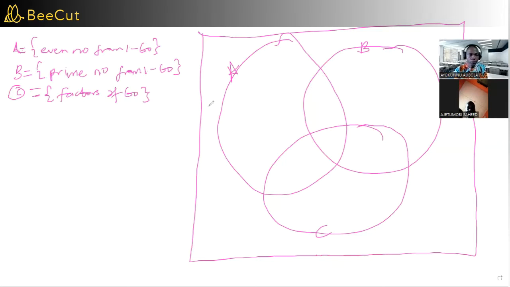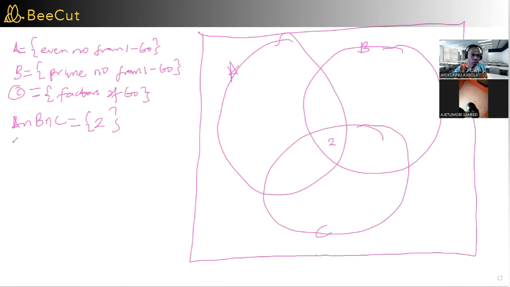The first prime number is 2. So that means there's something common to A and B, so A intersection B, and also in C. So A intersection B intersection C is 2. It is the only number common to this, so this is the point.